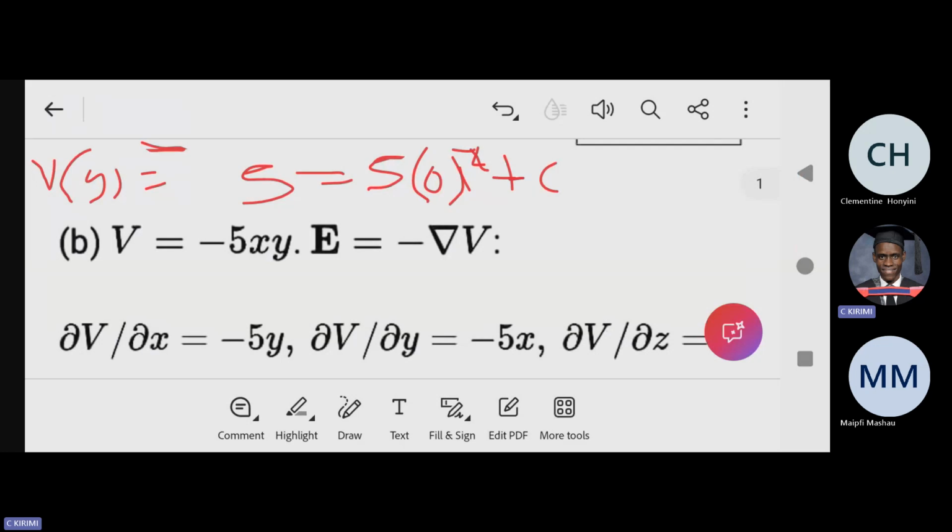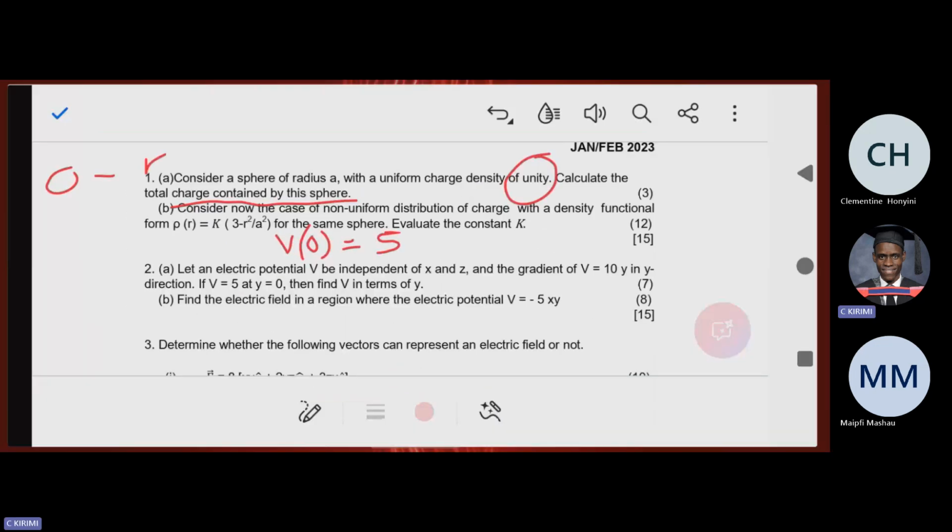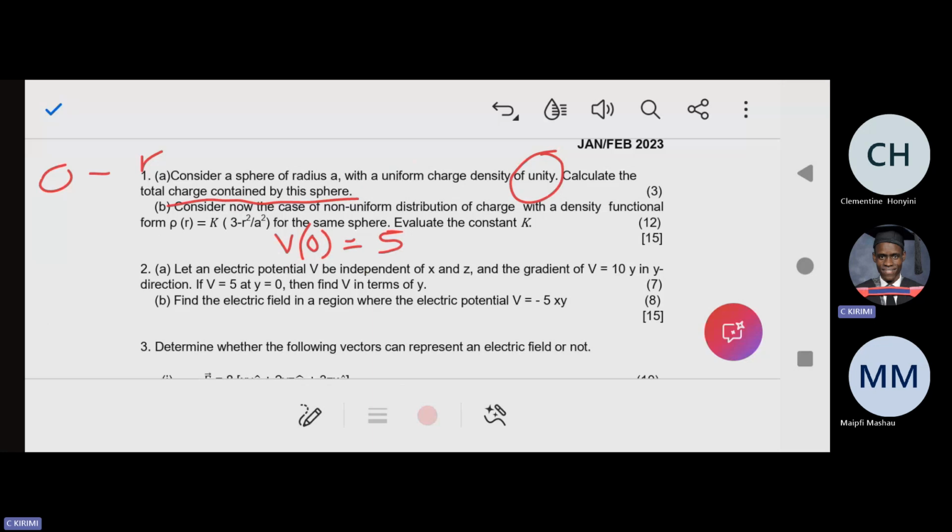The formula says the electric field is equal to minus grad V. So let's calculate what is minus grad V. Your V is a function of x and y, in the region where the potential V is minus 5xy.